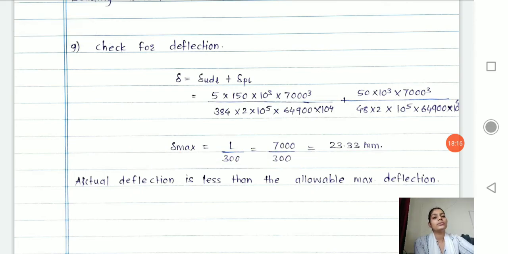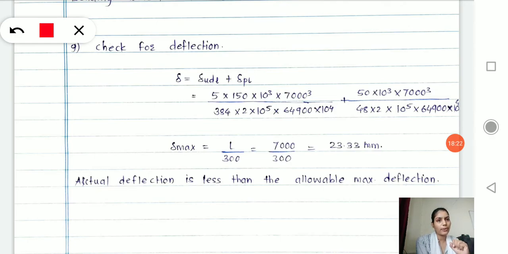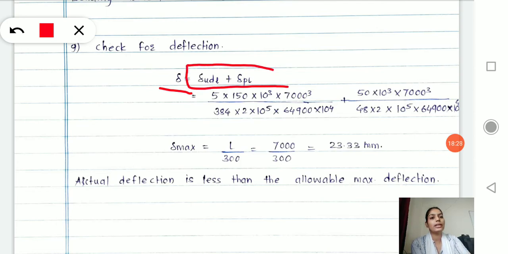For our arrangement, a simply supported beam with the UDL and concentrated point load, the formula for deflection is this one: deflection due to UDL and deflection due to point load. The formulas are already known to you. If you don't have them, open your analysis books and check. Those formulas are required over here, okay?